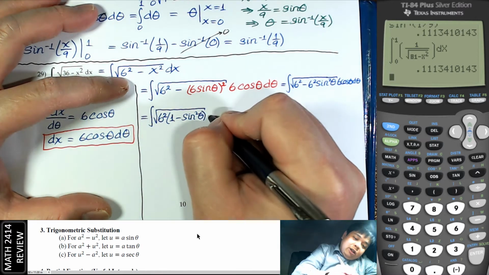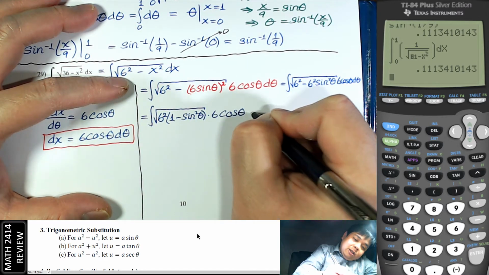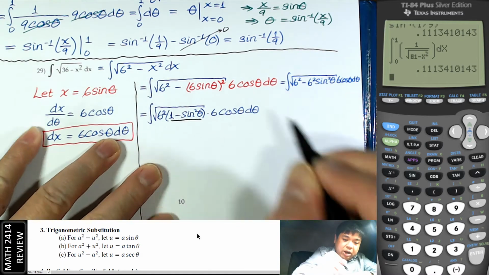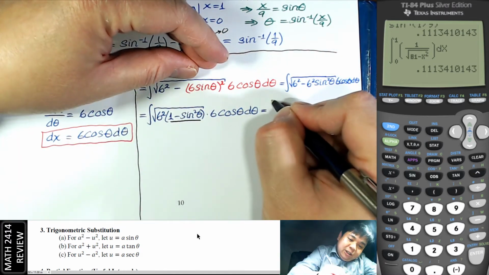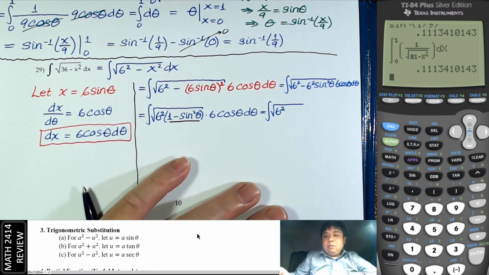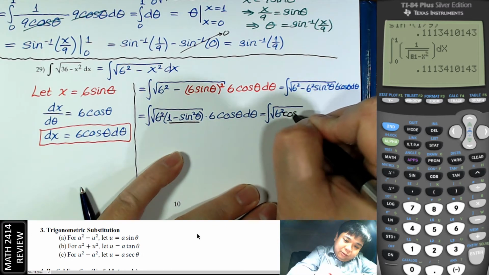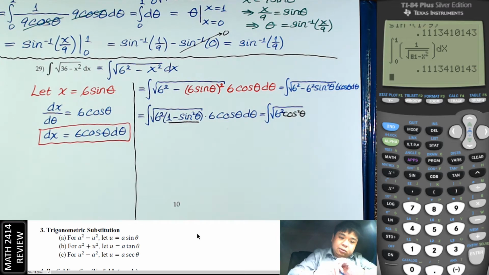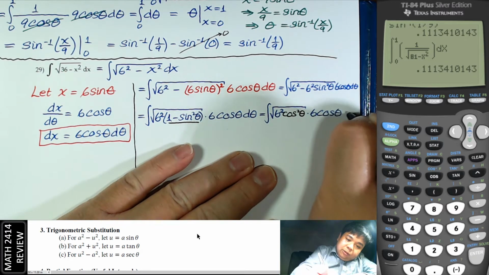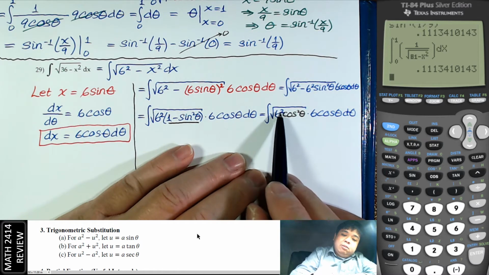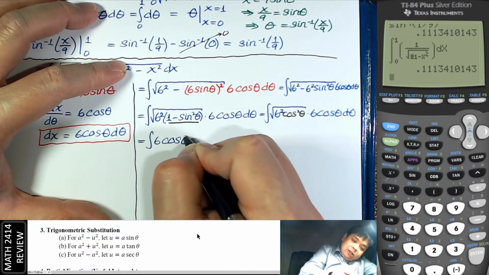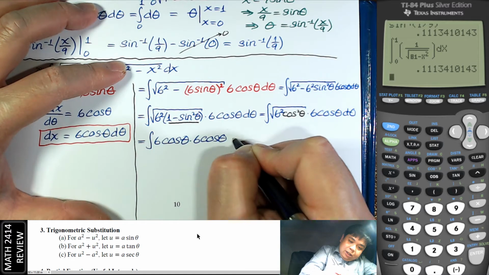And then there's still 6 cosine. 1 minus sine square here is going to be cosine square.